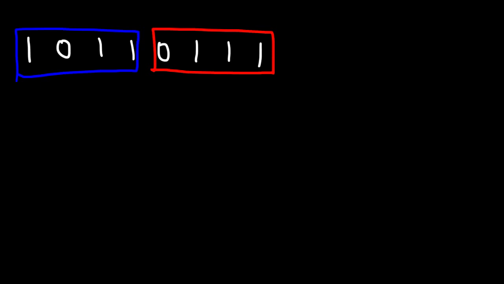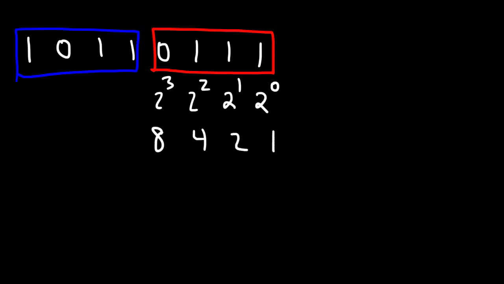Now convert the binary numbers into a decimal value. To do so, we need to multiply the 1 by 2 to the 0, and then the second one by 2 to the first power, and then by 2 squared and 2 to the third power. 2 to the third power is 8, 2 squared is 4, 2 to the first is 2, and anything raised to the 0 power is 1. So we have 0 times 8, so that's 0.